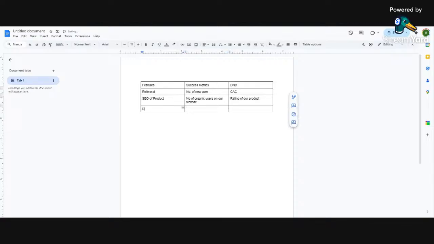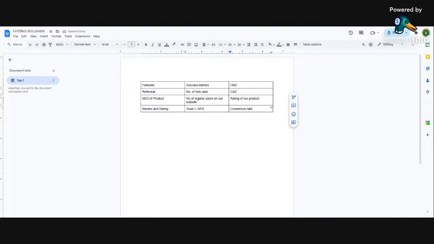And let's say we are developing a review and rating feature for our platform. In this case, it is associated with trust. So NPS, since let's say a product has a higher rating, the chances of recommending the product would be on a higher end, but it should not negatively impact the conversion rate.